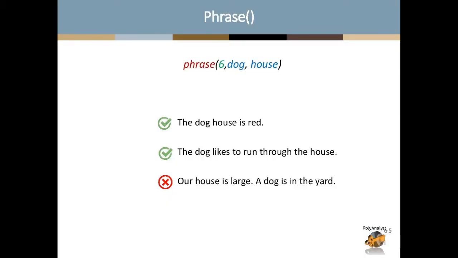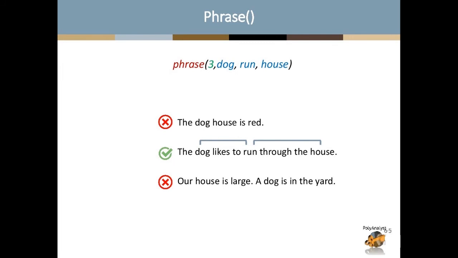If we impose extra distance here, we can increase that. And we can add more words here. Dog, run, house. So if we include the word run here, then it has to be between dog and house. Notice we could actually restrict this a little bit.